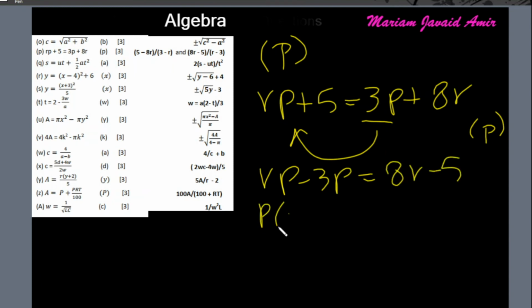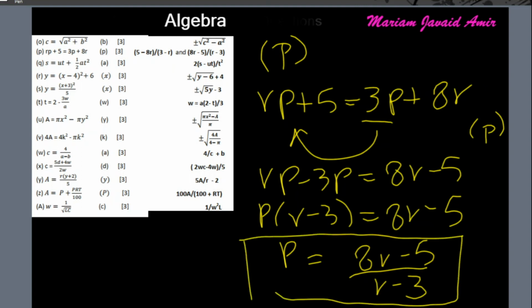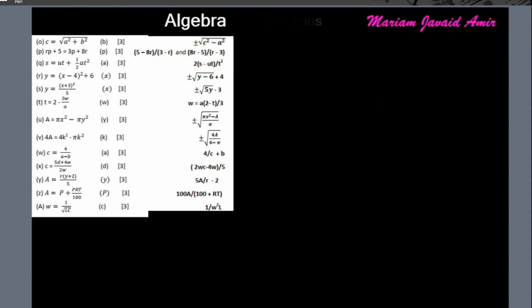Take p common, r minus 3, equals 8r minus 5, then divide it to the other side, 8r minus 5 over r minus 3. This is the answer for part P. You can have slightly different answers by multiplying the numerator and the denominator with minus 1. So both of these are acceptable answers for part P.